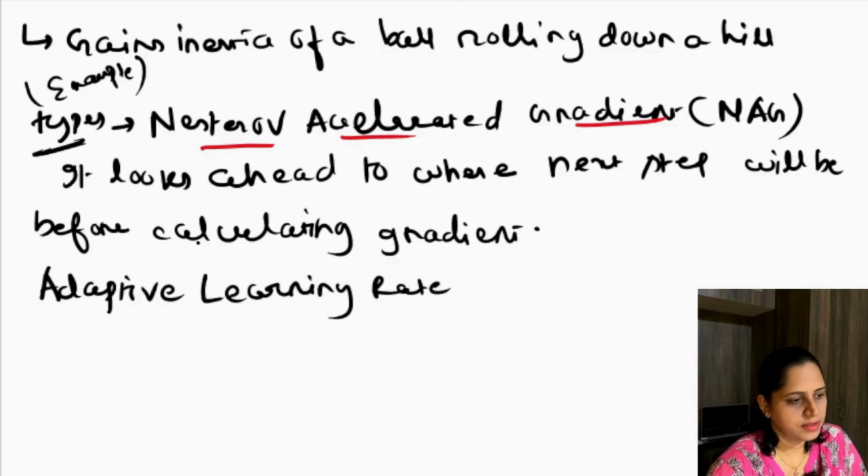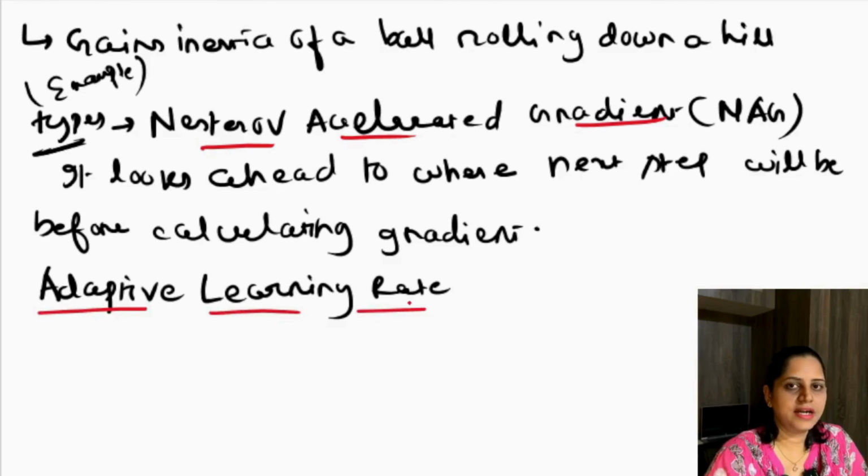So we know one is our gradient descent, and to tackle the speed problem of gradient descent, we have momentum based optimization methods. Now we have one more thing: when I am updating my gradients, we have a learning rate. If you are using a small learning rate, the learning is slower.